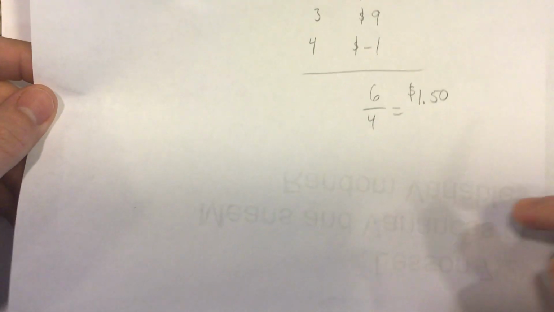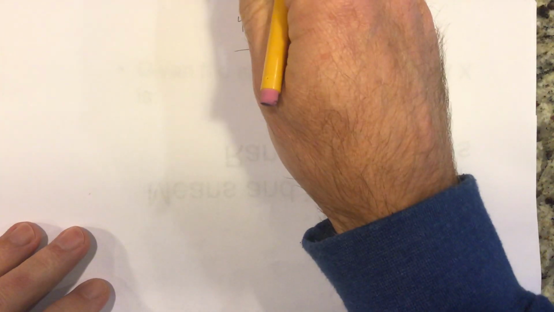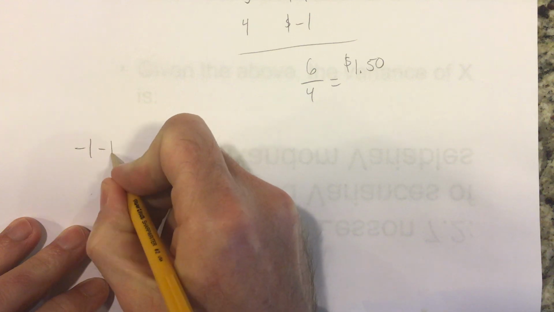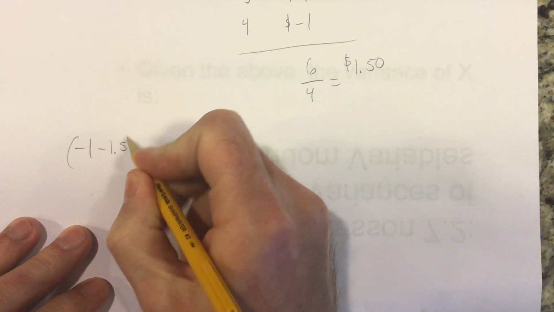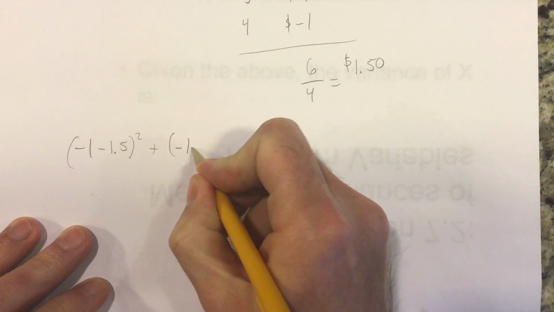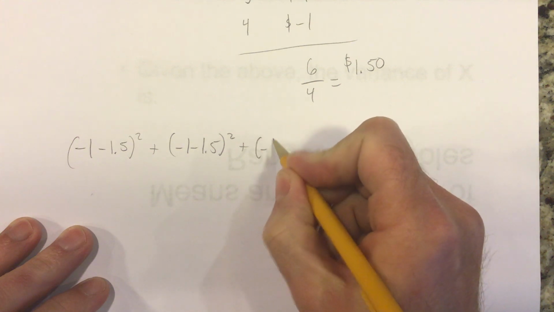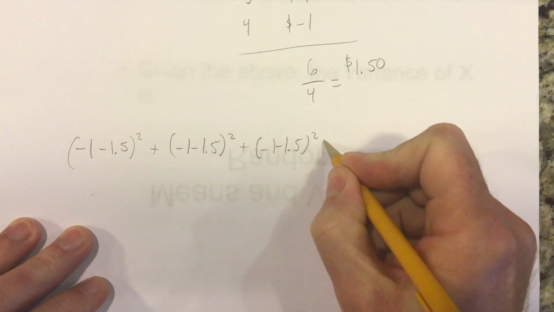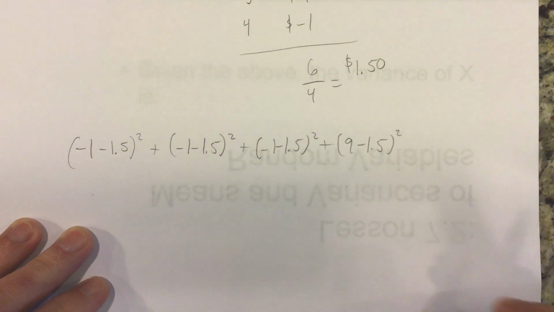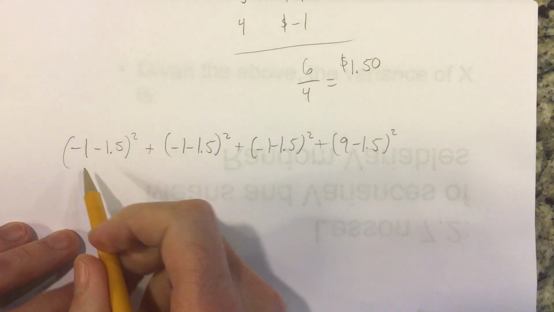Now finding the variance, hopefully you guys remember that. You would take each value, so -1 minus the mean. Right, you got to sum this all up. Right, hopefully you remember that. And then you're going to divide that.